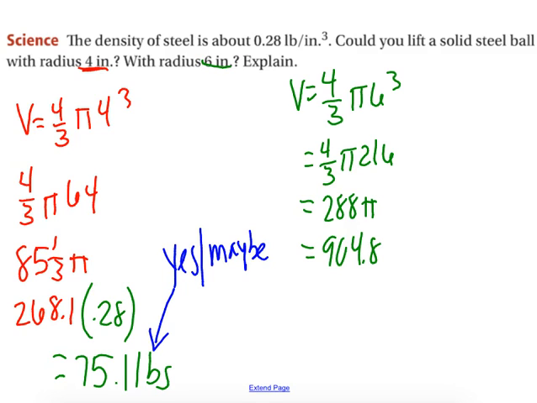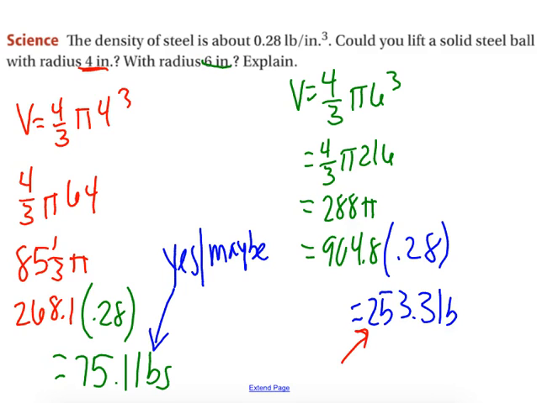And again, take it times our density. And we get a total of 253.3 pounds. So I'm going to say no. An average one of us probably wouldn't be able to lift that. So maybe some of us would, but I'm going to guess probably not.